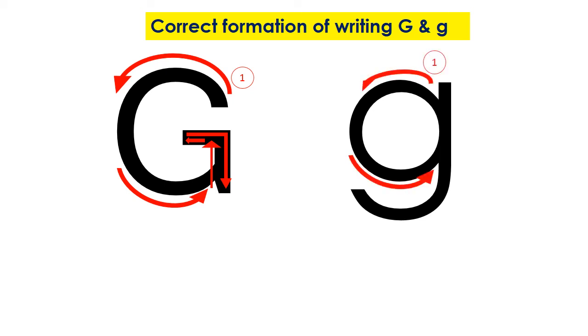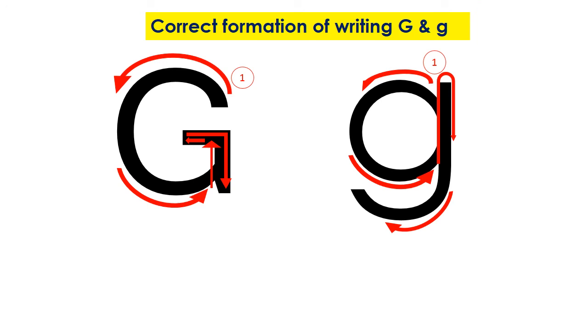Start from the middle and make a small C. Then go to the middle again and draw a standing line going down below the bottom with a small backward curve. Alright?